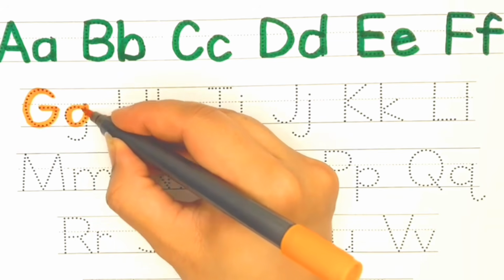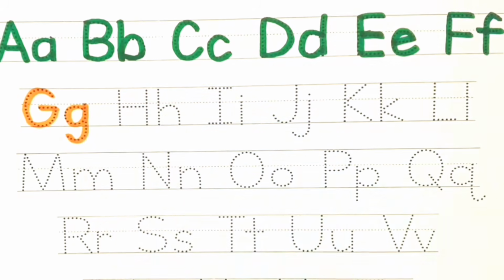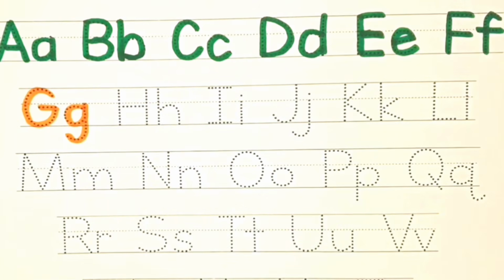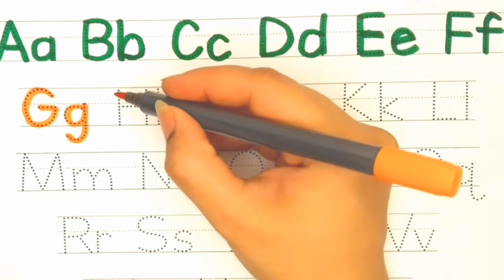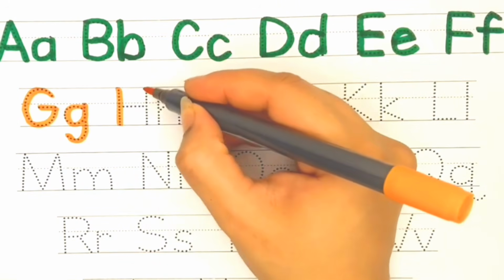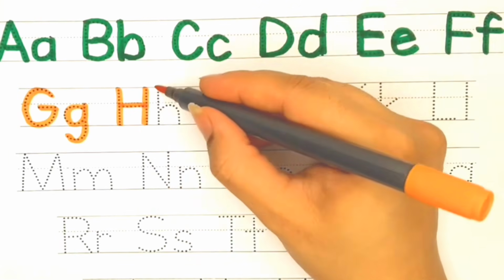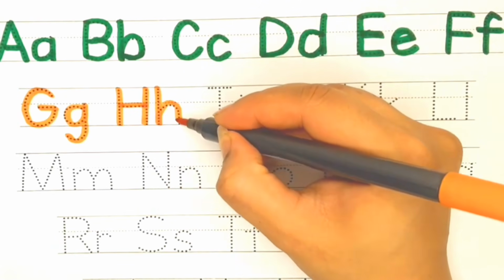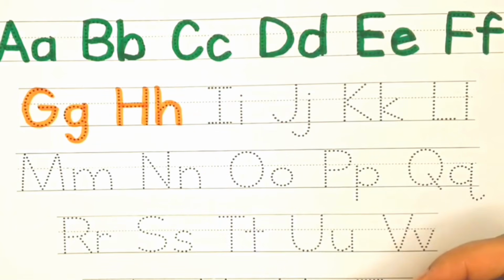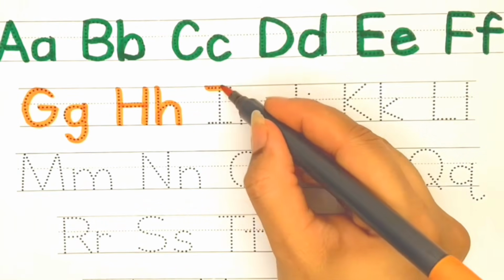Capital G, small g. G for grapes. Capital H, small h. H for hat.